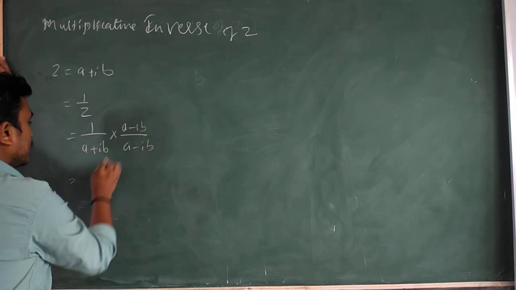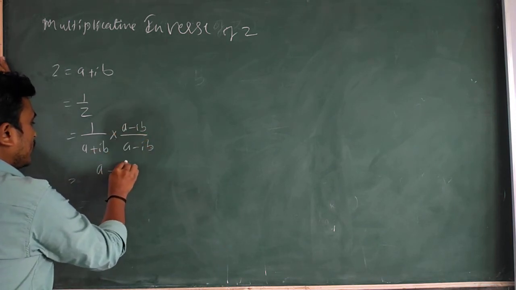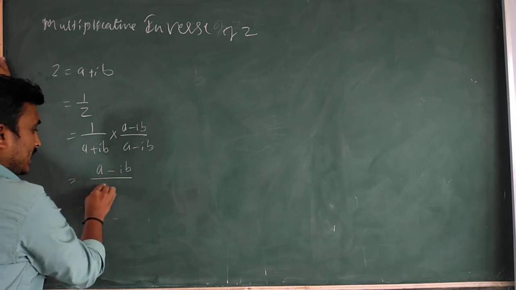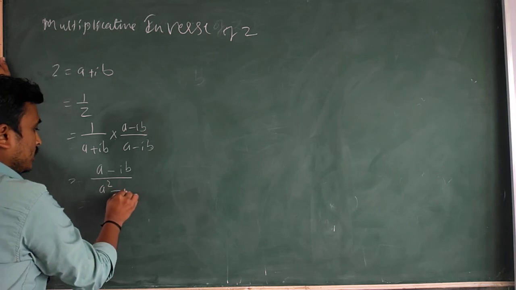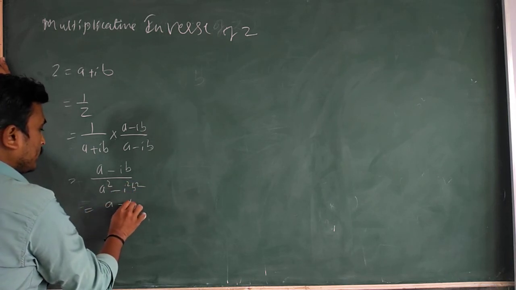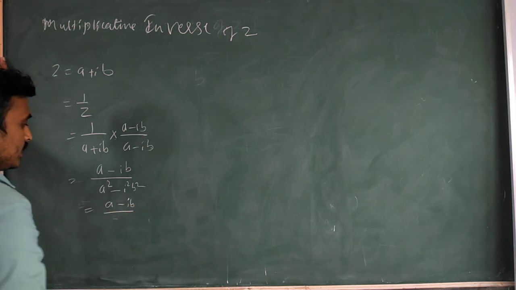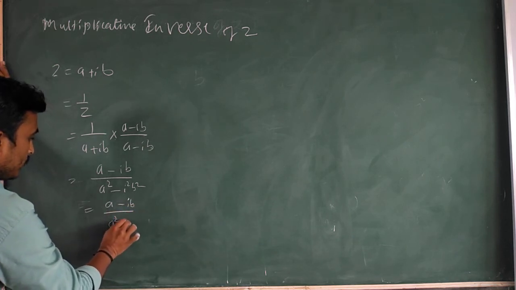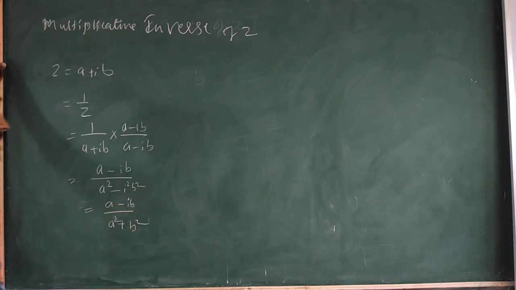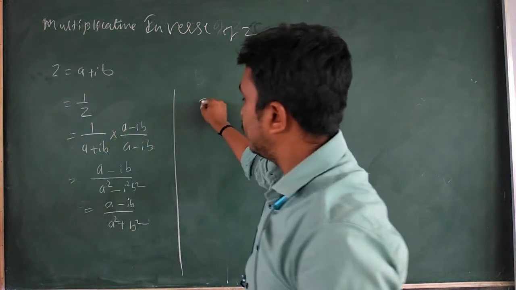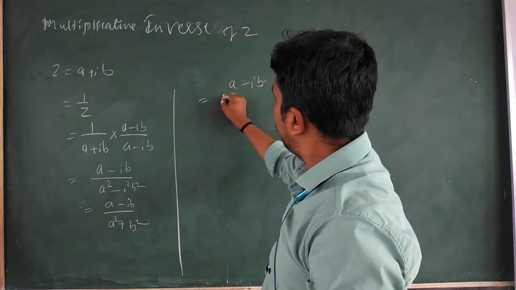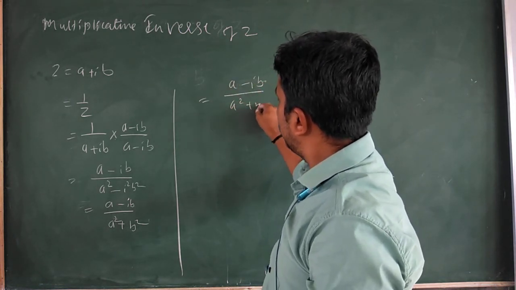This is a minus ib divided by (a plus ib) into (a minus ib), that is a square minus i square b square, which is a minus ib divided by a square plus b square, because i square is minus 1, minus minus plus.